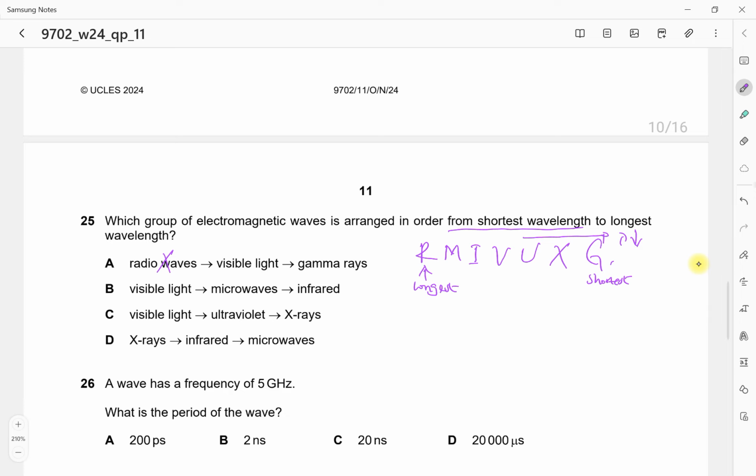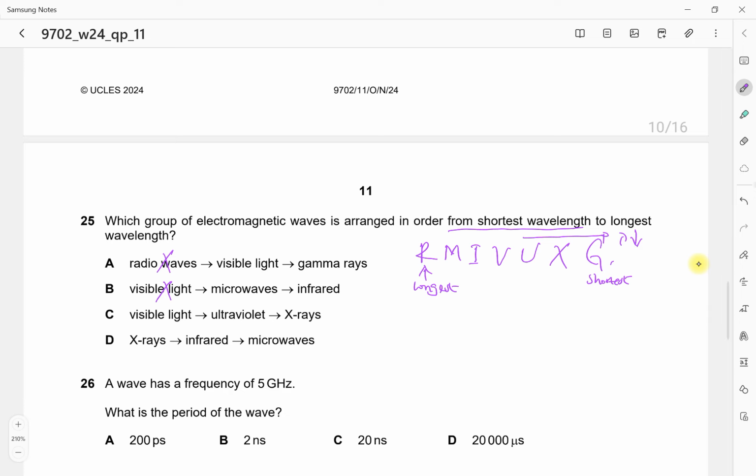So visible, microwaves have a longer wavelength than visible. So this is wrong. Visible, ultraviolet, that is true. Visible light has a longer wavelength than ultraviolet and also than X-rays. So the answer here is automatically from shortest wavelength to longest.